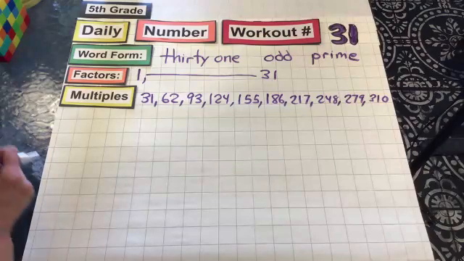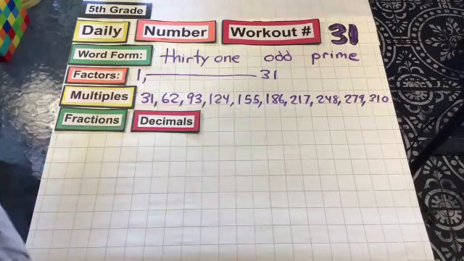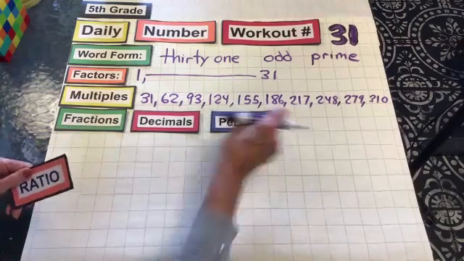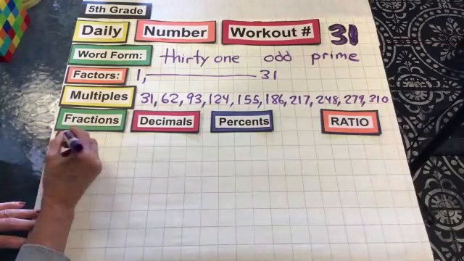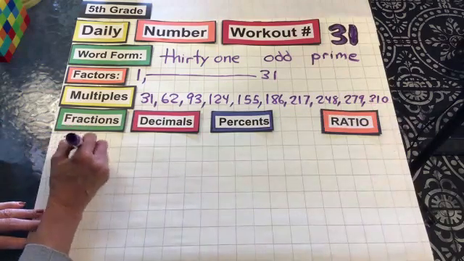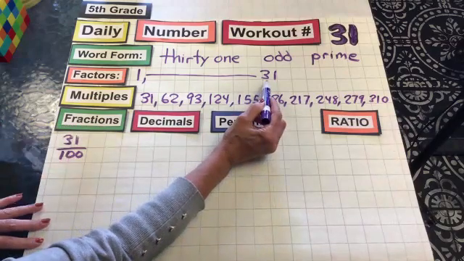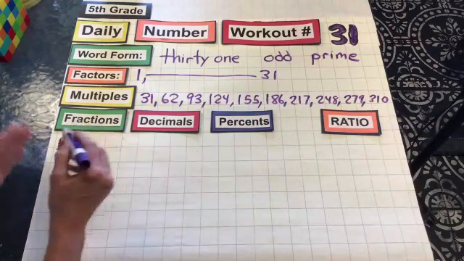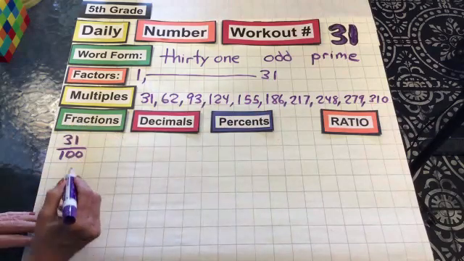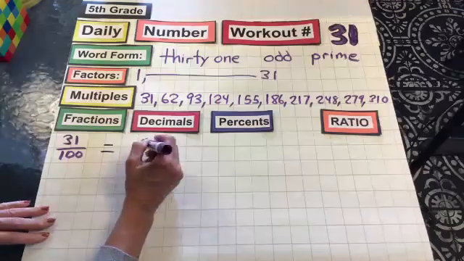All right, let's move on to our next categories of fractions, decimals, percents, and ratios. So our fraction is 31 over 100. And we know 31 will not go into 100 evenly. And so we cannot go into a lowest term because this is already in the lowest term fraction. So let's give it a good old equal sign and write it as a decimal.